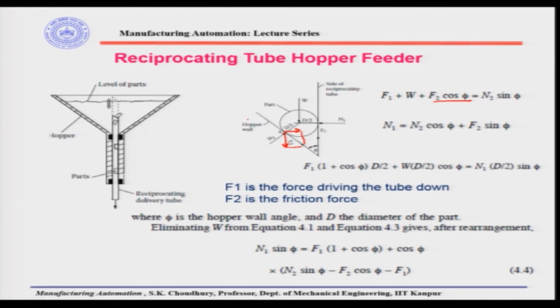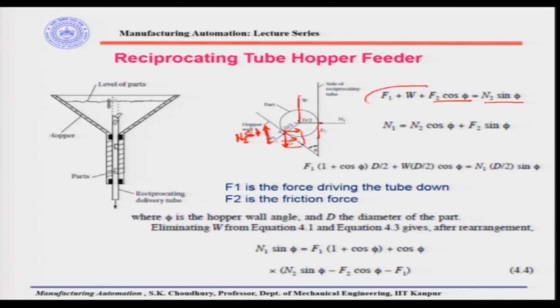In the other direction will be N2 and sin phi. Again we can take two components, one here, one here. This component will be N2 sin phi. Since this component is going in the other direction, the other forces will be resisted by N2 sin phi, that is what we are saying.